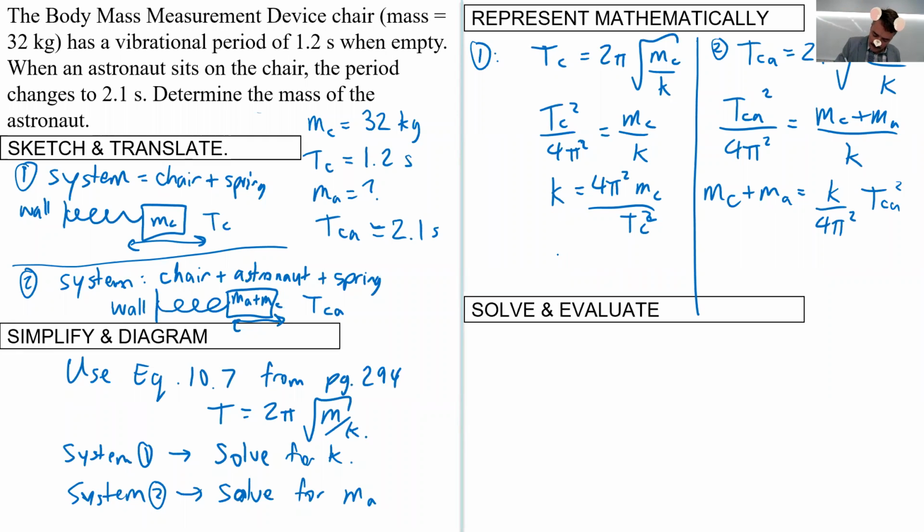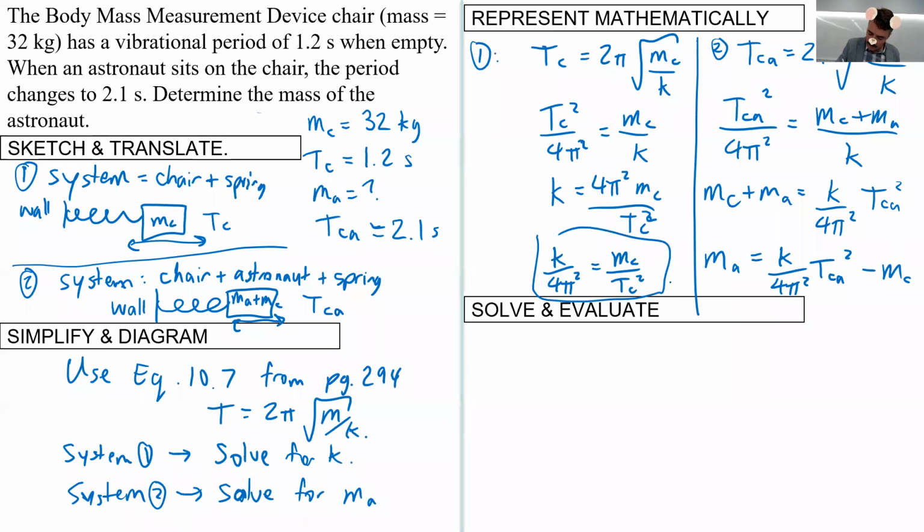And actually, I can from here just find what K over 4 pi squared is. It's equal to MC over TC squared, right? So I can kind of plug that, and I can say that what are we trying to find? MA is equal to K over 4 pi squared times TCA squared minus the mass of the chair, I think. So I can take this from system 1 and just plug it into right there. And I'll get the mass of the astronaut is equal to MC times TCA squared over TC squared minus MC.